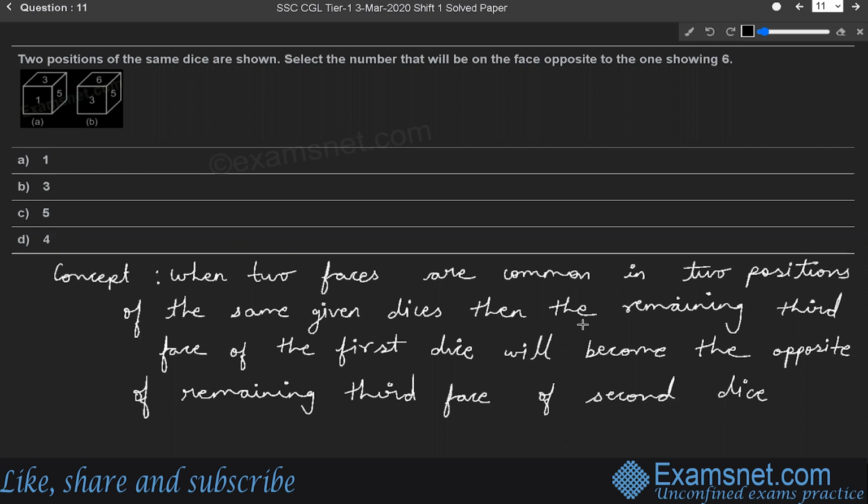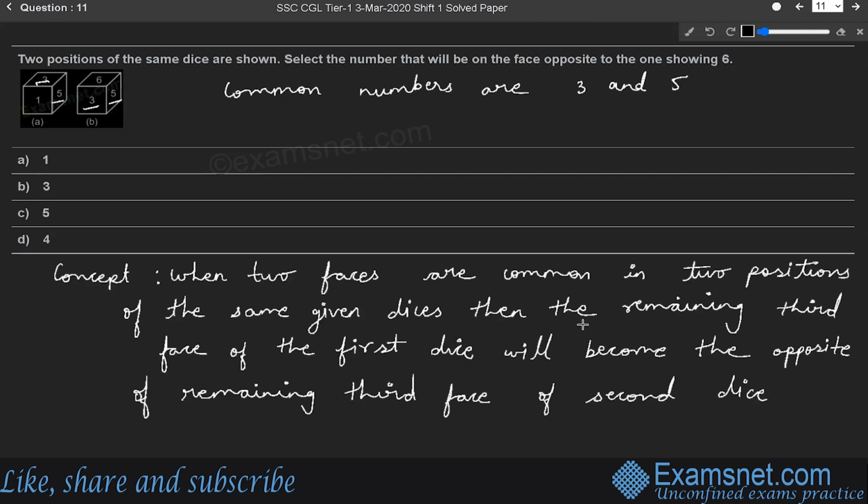So you can see that here in this figure, which is of the same dice, the common numbers are 3 and 5 in both the dice. So here the common numbers are 3 and 5.